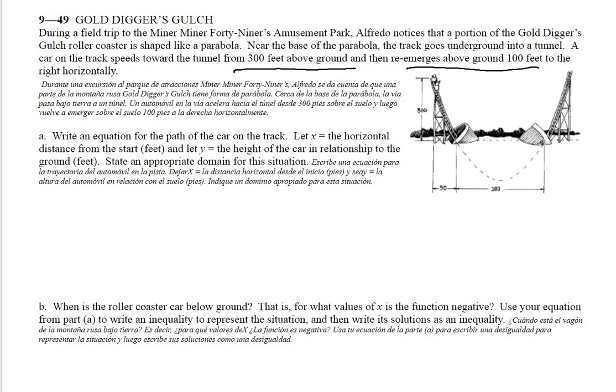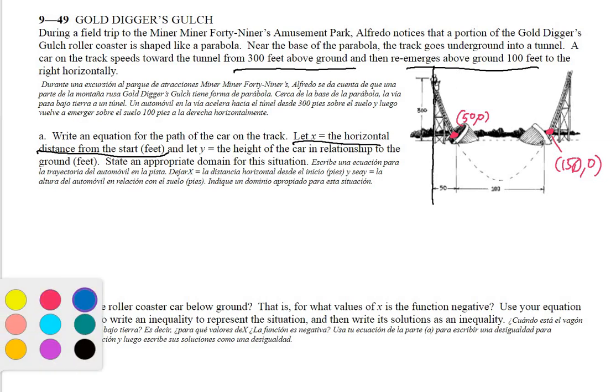So just looking at this drawing, I'm going to mark some points. We're going to have x be the horizontal distance from the start. So this is the start. This would be the point 50, 0, and this would be the point 150, 0.